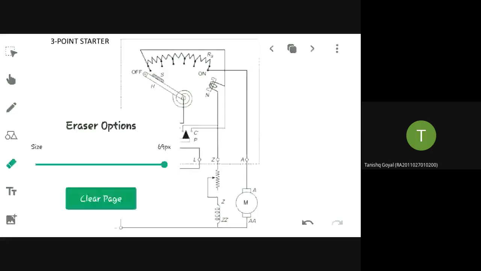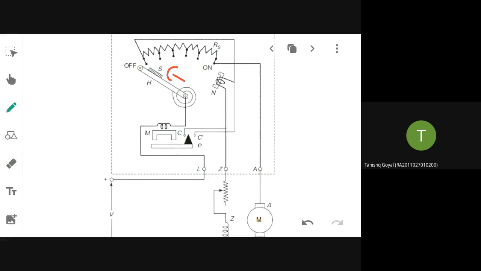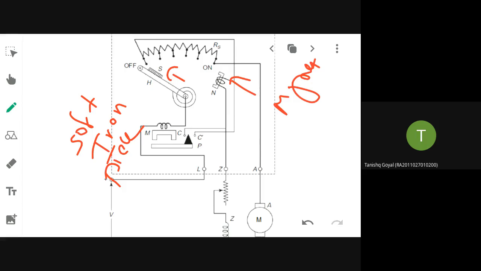So in order to achieve that, you can see that S here is nothing but a soft iron piece. And this is nothing but a magnet. So when the starter is slowly pushed and kept in the on position, that soft iron piece will come here, and both will attract each other. Now that will be the on position.